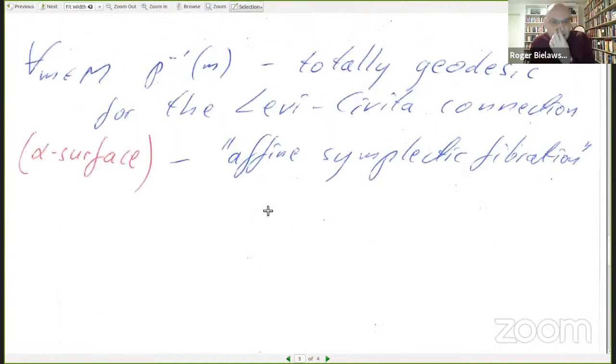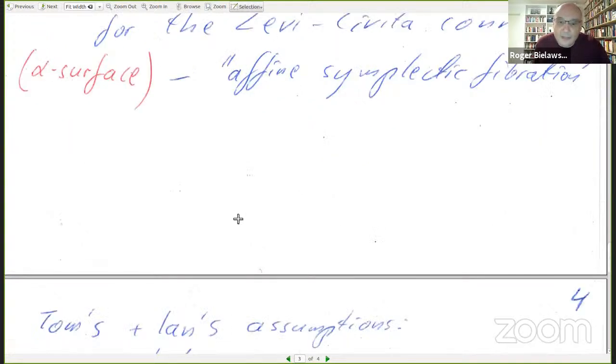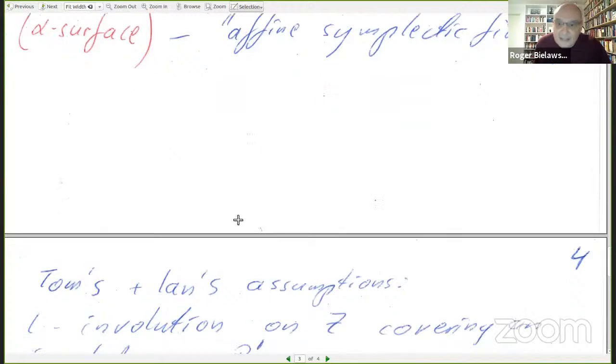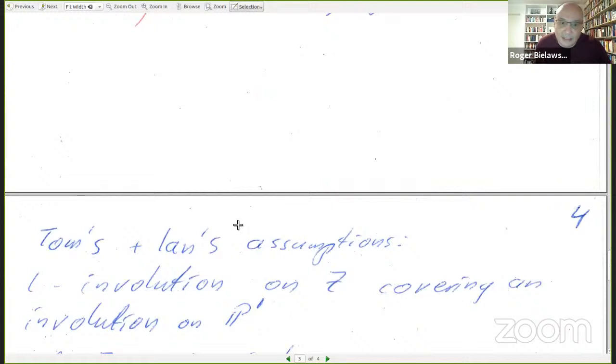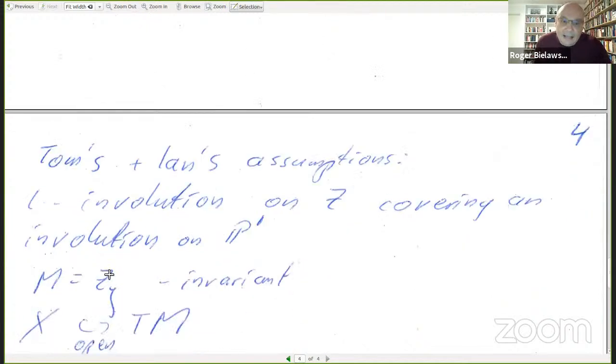So, okay, this is essentially what I have to say generally about hyperKähler manifolds, these complex hyperKähler manifolds. Now, Tom and Ian have further assumptions, so it's a subclass, right? Let me say a few words about this additional assumption. First of all, they have an additional holomorphic involution on the twistor space Z, which covers the involution on P1, so that this M is invariant.